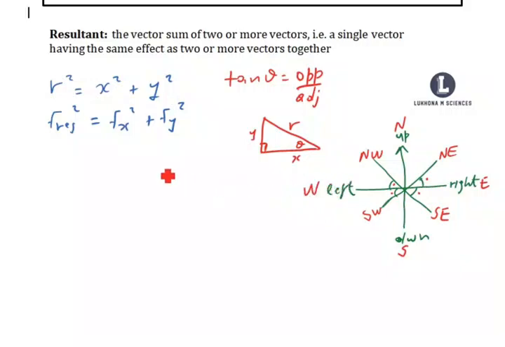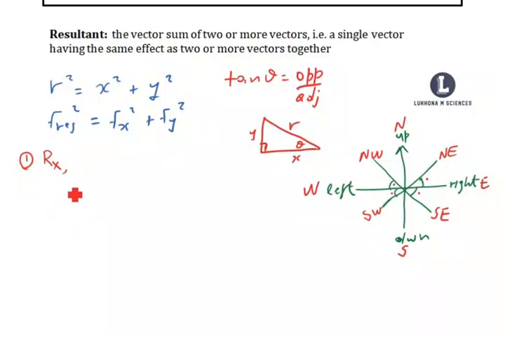So we are going to follow some steps here. Number one, the first thing that you need to do is to look at horizontal forces. Then you look for the resultant of horizontal forces. You combine all the x forces on the x-axis.